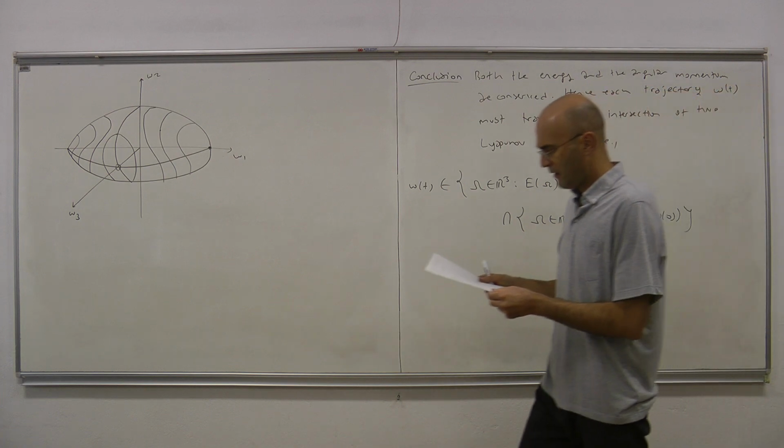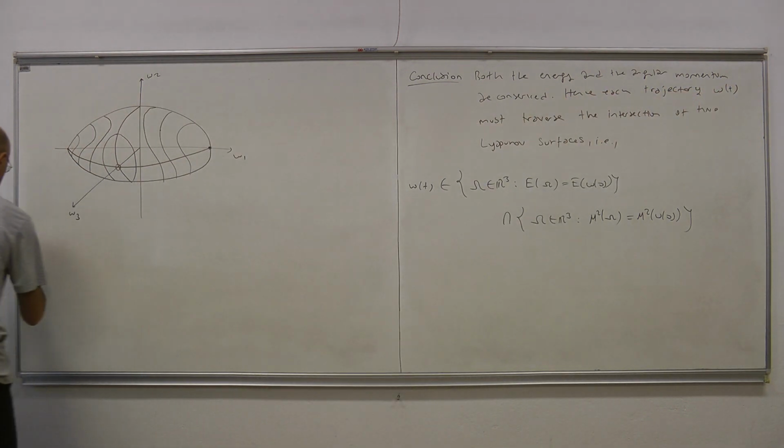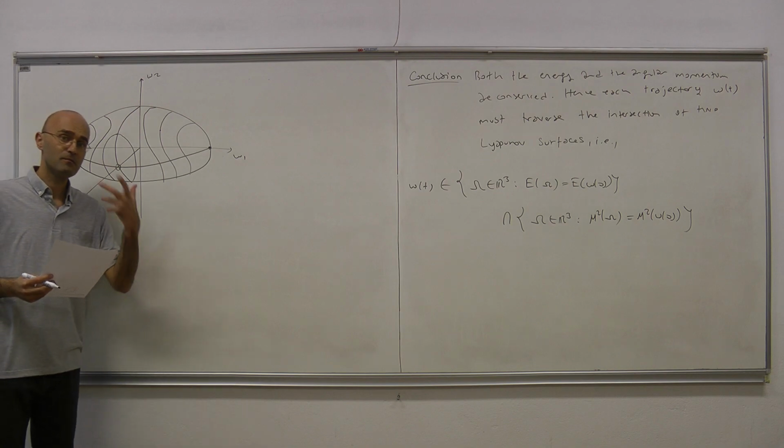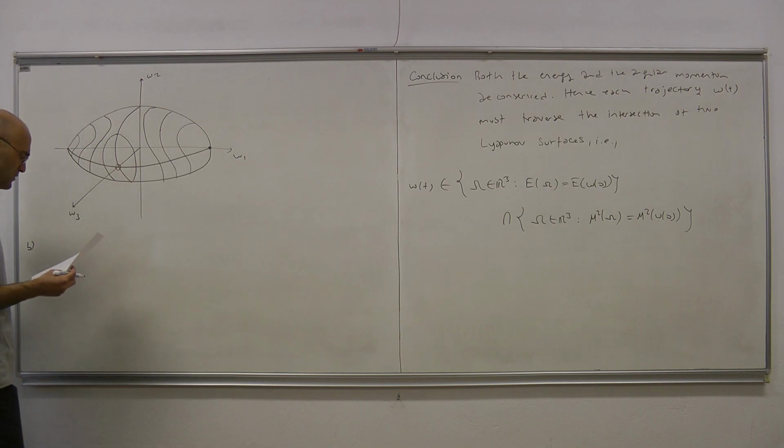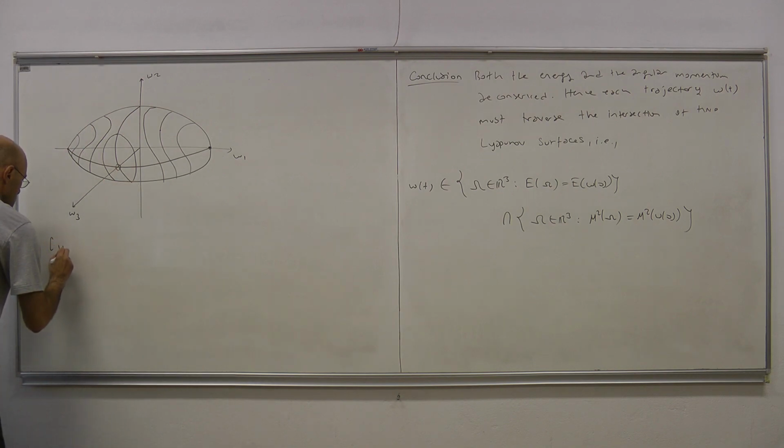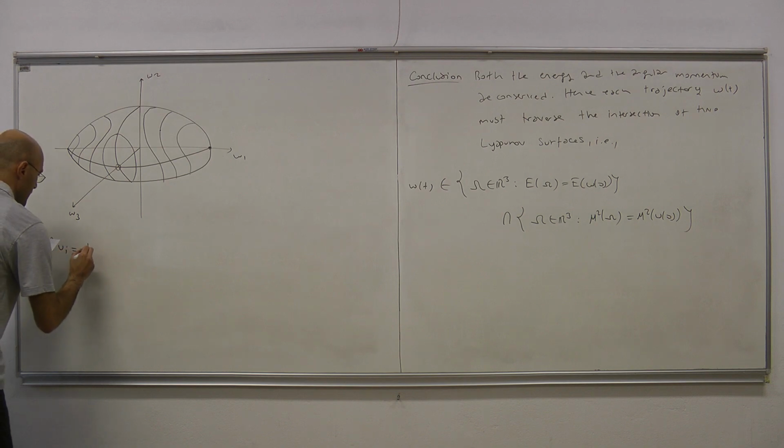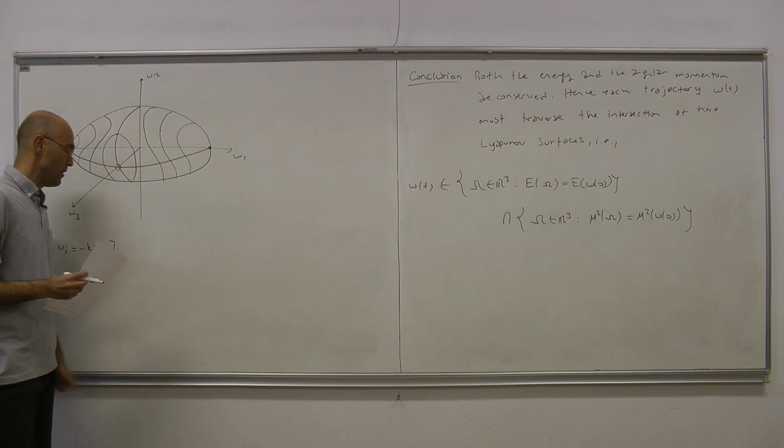Now let's very quickly talk about when we have the torques chosen as negative feedbacks. Okay, u_i equals minus k_i omega_i. Okay, the k's are positive.